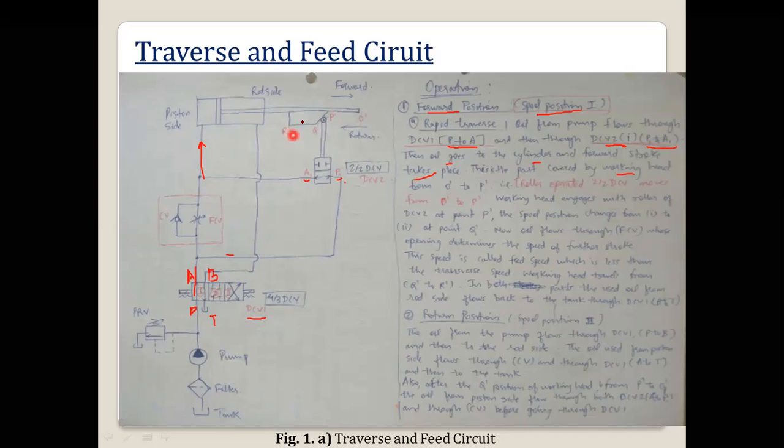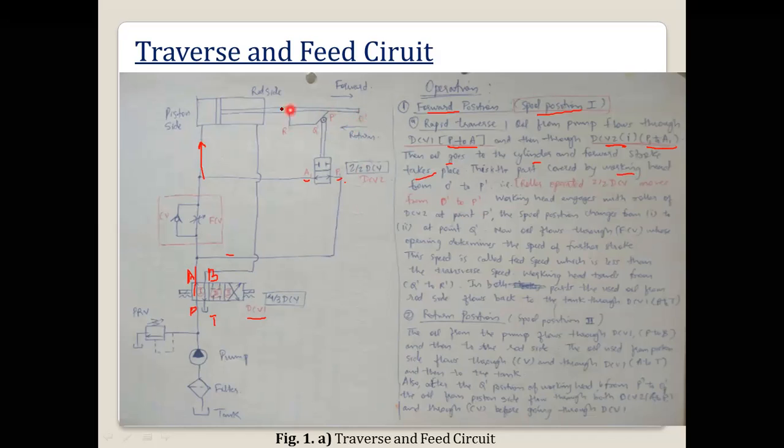Here there is a cam and a roller. For O dash to P dash, initially the roller position will be at O dash.